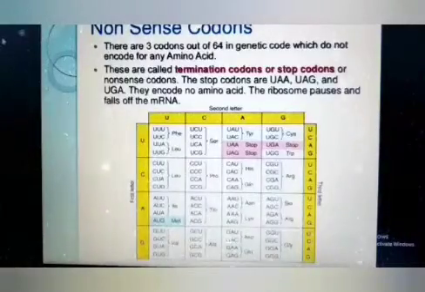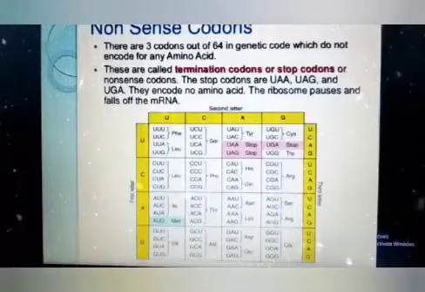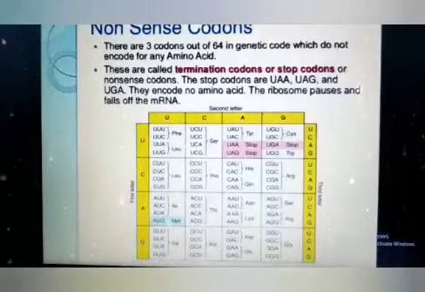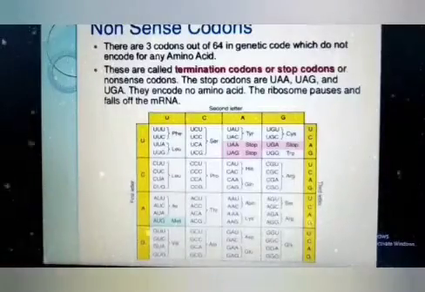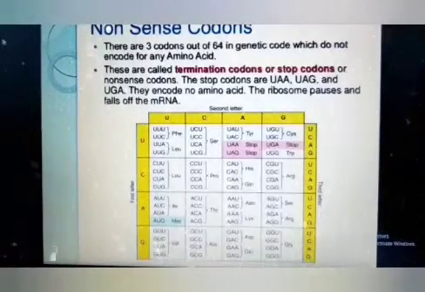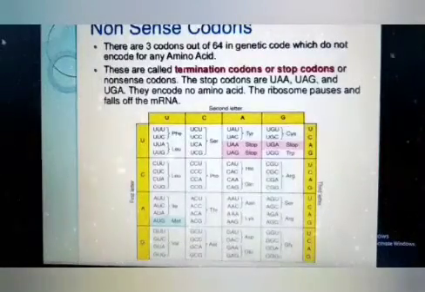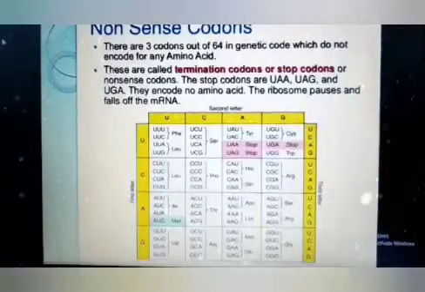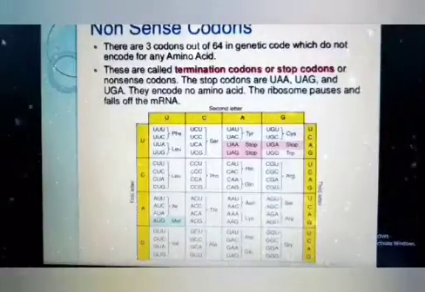The stop codons are UAA, UAG and UGA. They do not encode any amino acid. The ribosome pauses and falls off the mRNA.